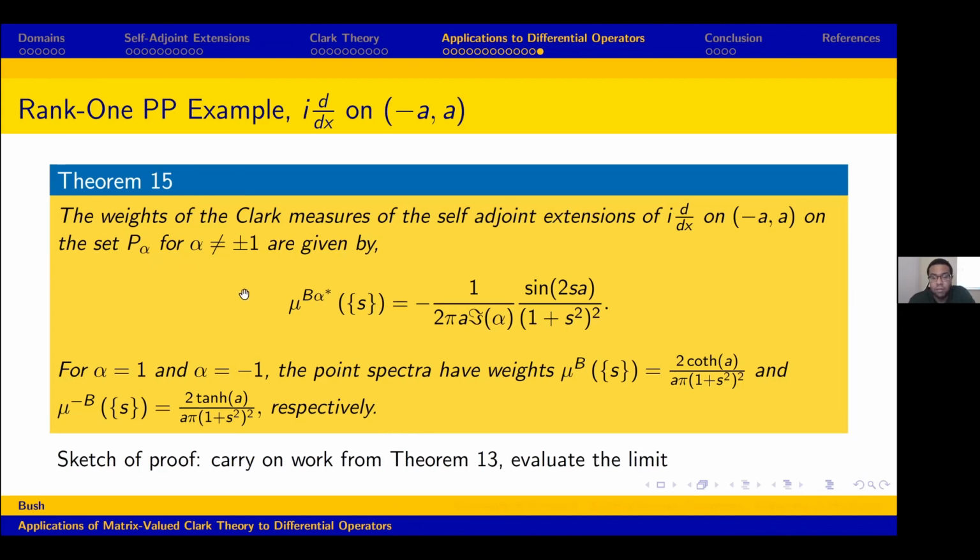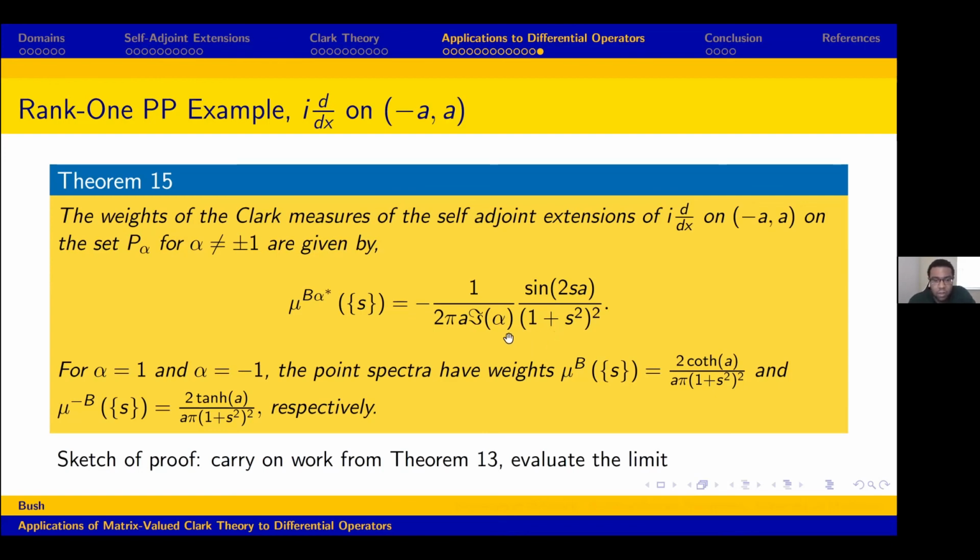So to show that this is indeed a non-negative measure, you just have to look at those first k terms in the infinite product of the sine and figure out how many of them are positive or negative. And it will always be the case that this pairs with the parity of the imaginary part of alpha such that this whole thing is positive.